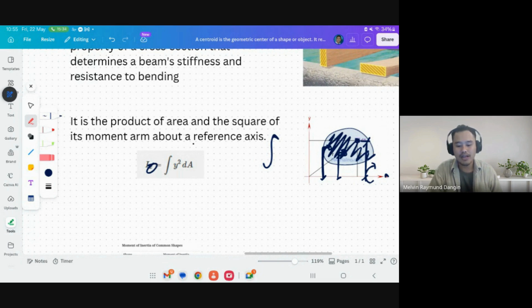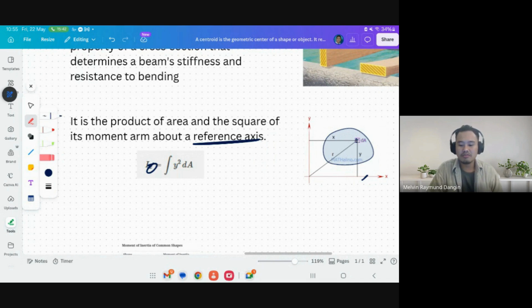Take note that this is important. Your reference axis is very important because you could also get a different moment of inertia about, say, this axis, right? So that's a different moment arm, and you get some area here.